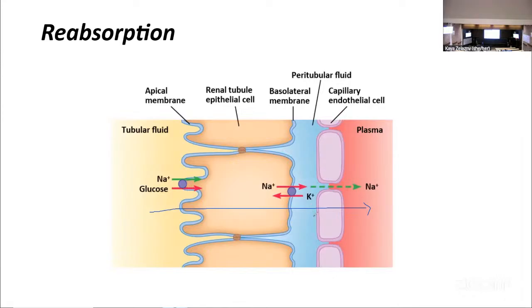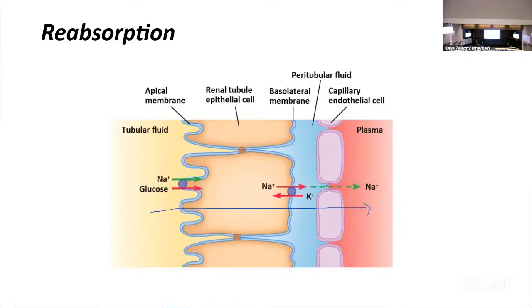There's a little region here of fluid, our paratubular fluid, kind of like our interstitial fluid when we're talking about generic capillaries, before we hit our capillary endothelial cell and end up in the plasma, back in our bloodstream.